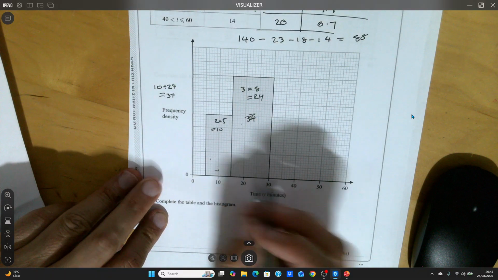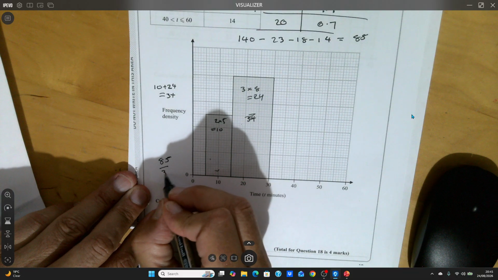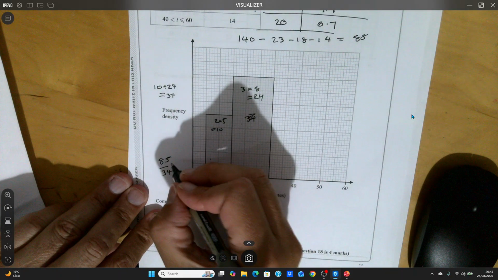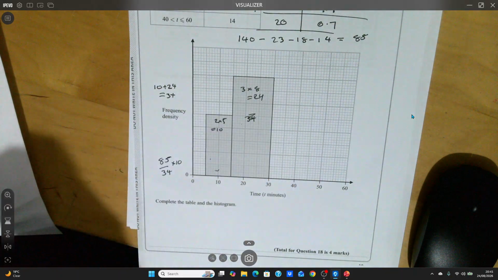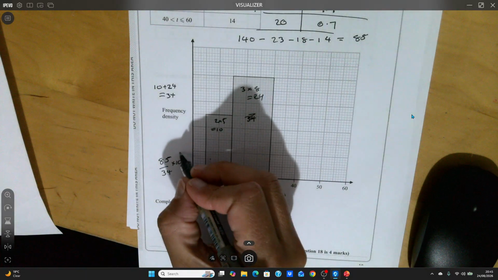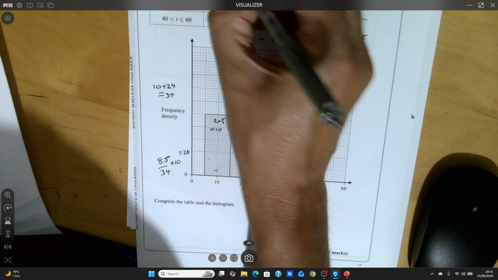So what is each one square worth? Well, 85 divided by 34 is what 1 square is worth. So I'm going to times it by 10 to work out how many that is worth. Gives me 25. So that is 25.